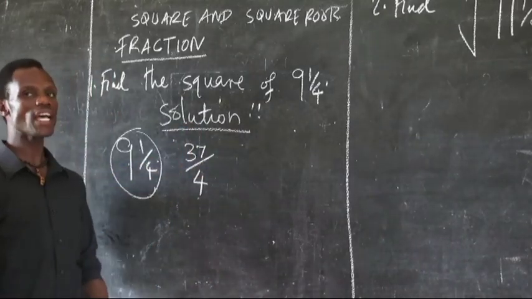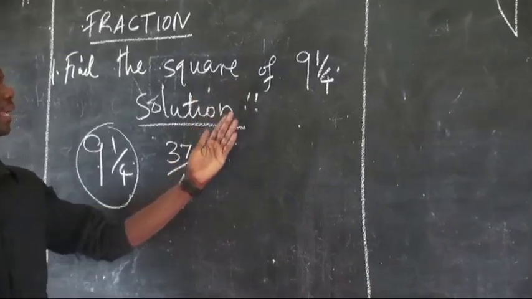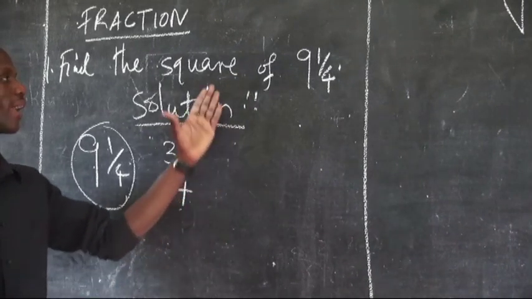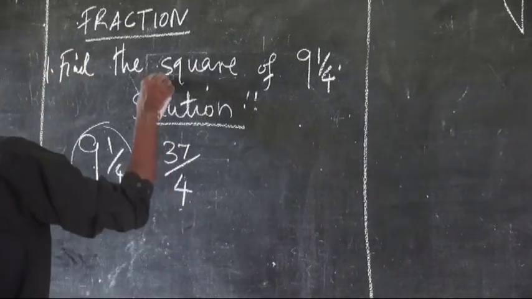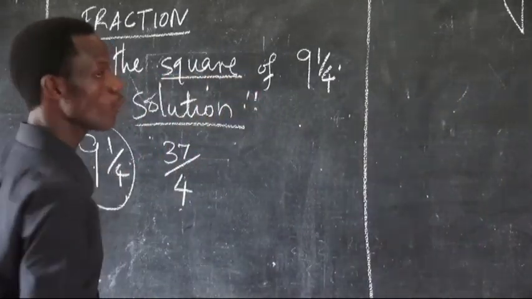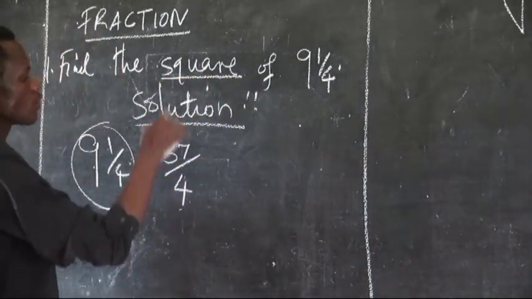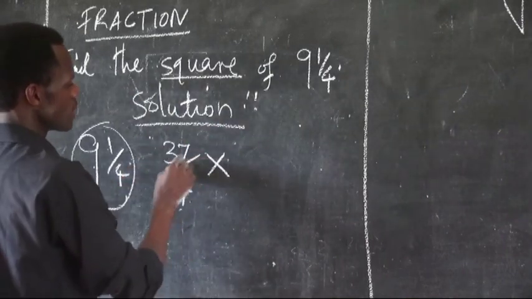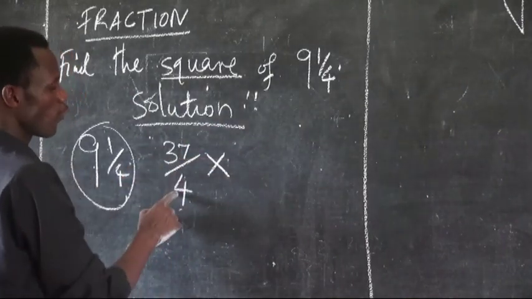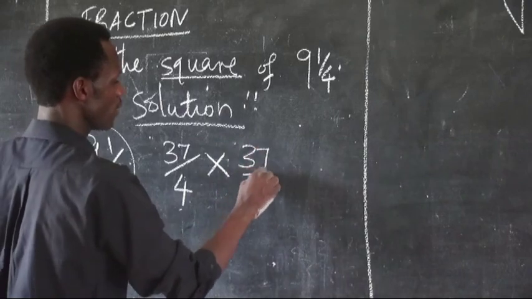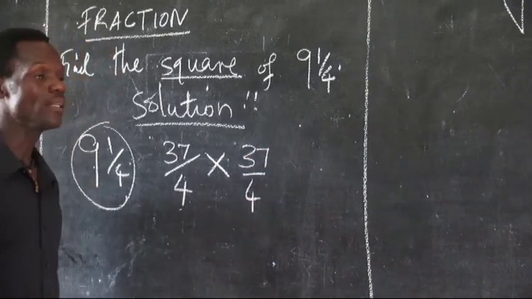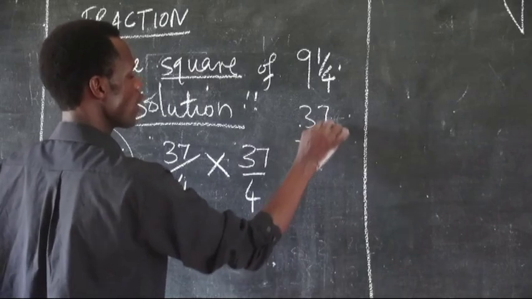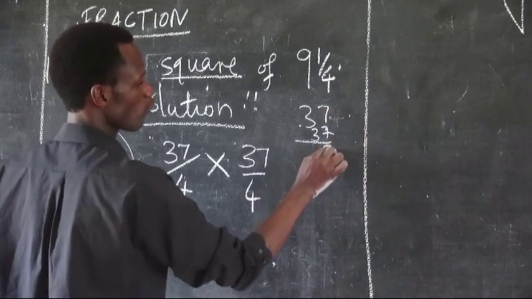So we want to find the square of this number. We said earlier the square is the product of the same number with the same quantity. That is, you multiply the number by itself: 37 over 4 times 37 over 4. So multiplying, you take 37 times 37. 7 times 7 is 49.